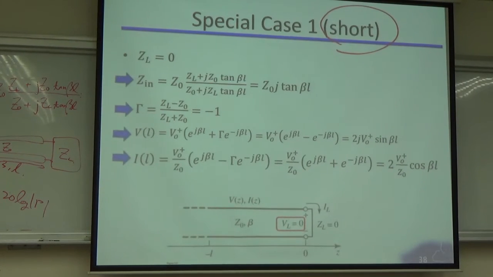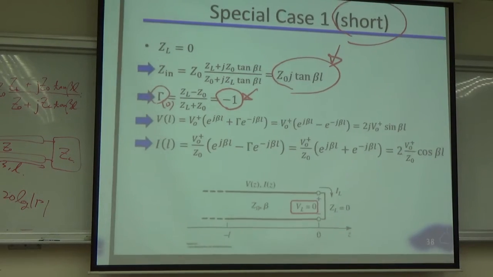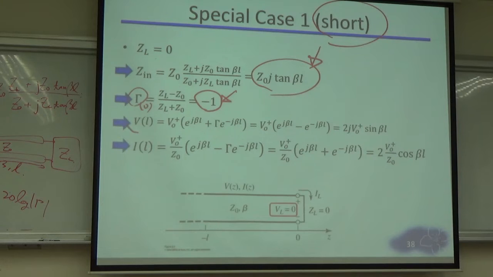My input impedance becomes this one, and if this is 0, it is -1. So now you can put these two back into our definition. Then you can obtain your voltage and the current at this point as these two equations.